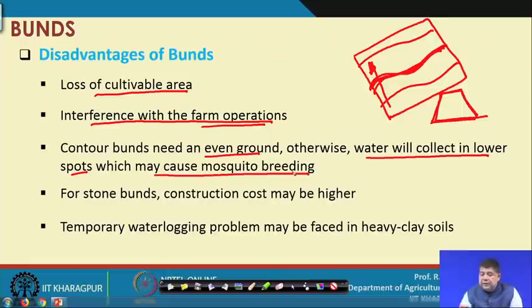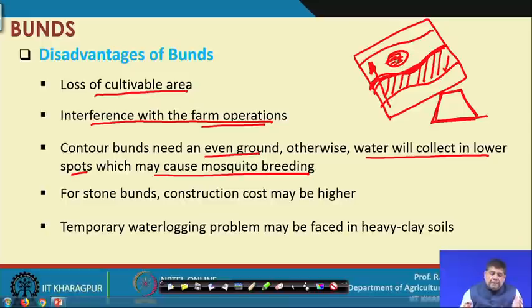As we see, when we design these, we always say that water should get stored in this area, and of course, with time this water will be infiltrated or carried away depending upon the function of the bund. But if there is some low lying area in between these two bunds, then obviously water will be standing there, or more water will get collected here and stand for a longer period of time.